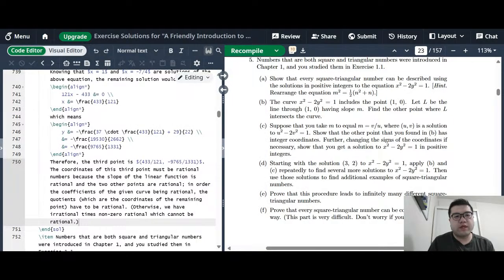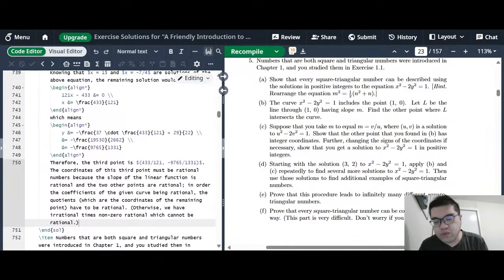For example, the first triangular number is 1, which is just equal to 1 itself, the next one is 3, which is equal to 1 plus 2. After that it will be 6, which is equal to 1 plus 2 plus 3. Then we have 10, which is equal to 1 plus 2 plus 3 plus 4.